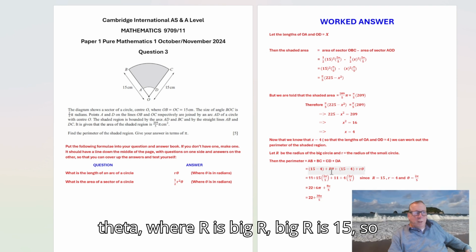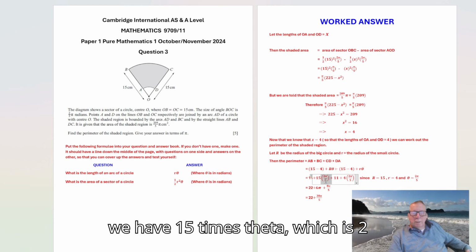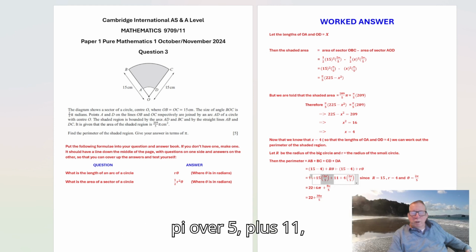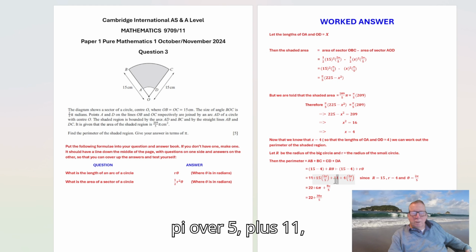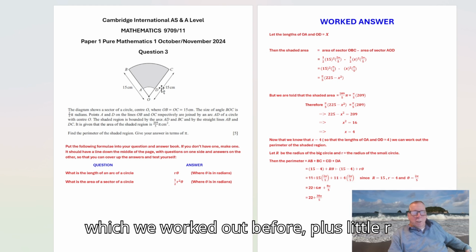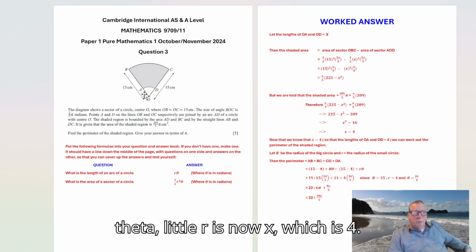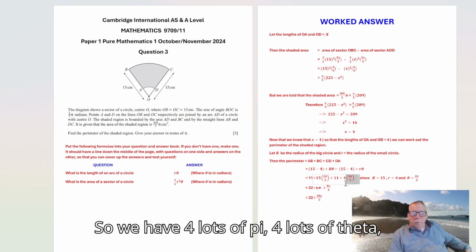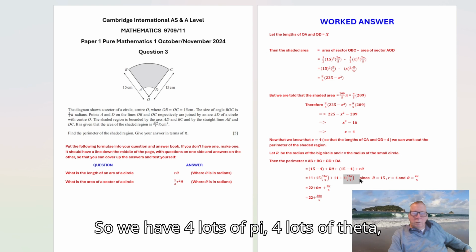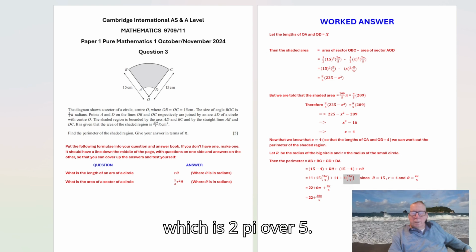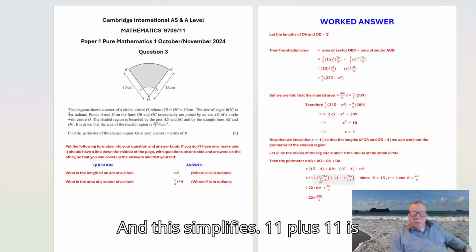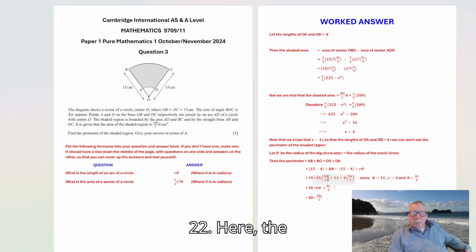BC is r theta, where r is big R is 15, so we have 15 times theta, which is 2 pi over 5, plus 11, which we worked out before, plus little r theta. Little r is now x, which is 4, so we have 4 lots of theta, which is 2 pi over 5, and this simplifies. 11 plus 11 is 22.